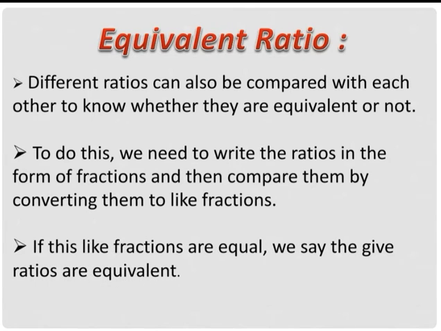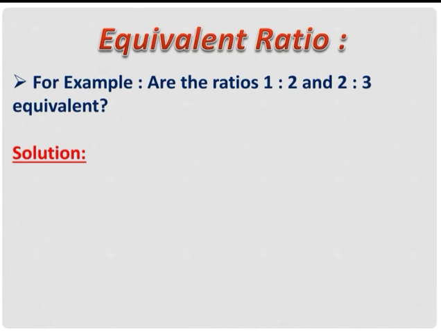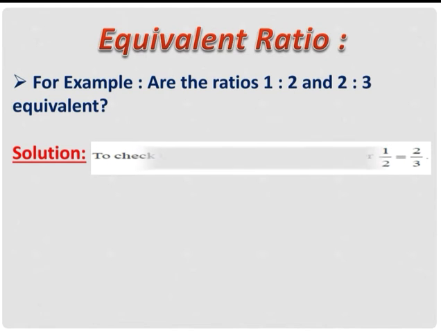If these like fractions are equal, we say that the given ratios are equivalent. For example, are the ratios 1:2 and 2:3 equivalent? To check this, we need to know whether 1/2 is equal to 2/3.